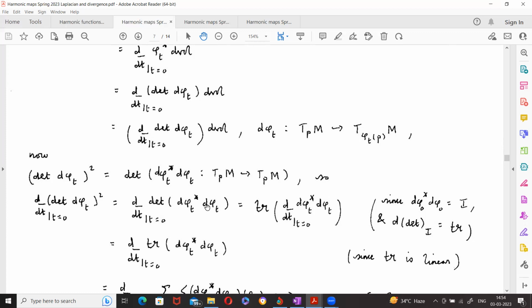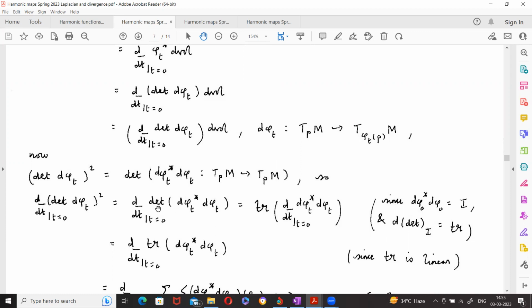I know that for endomorphisms, the derivative of the determinant at the identity is the trace. We did this calculation earlier. And when t is equal to 0, this endomorphism is the identity, because d phi 0 is just the identity.